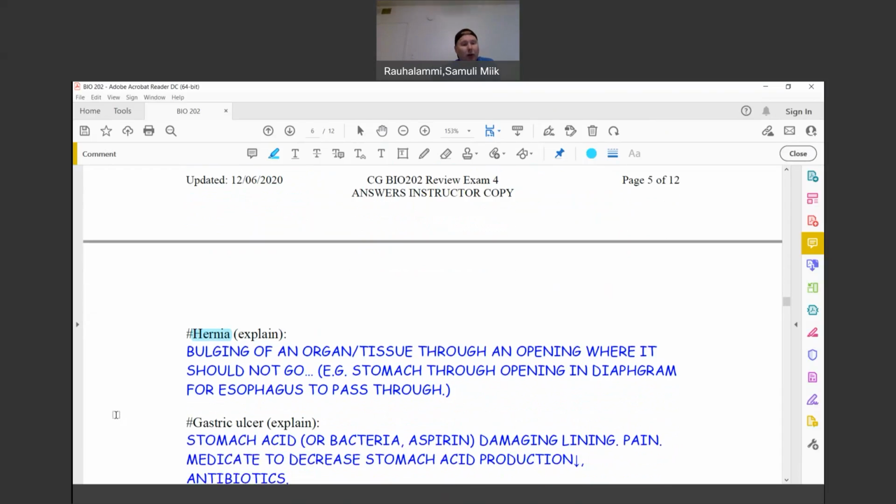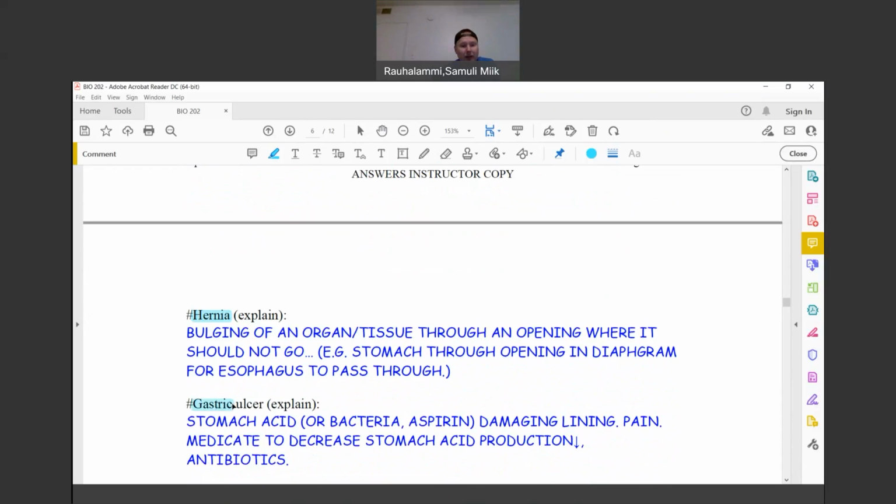The other one that I wanted to talk about is gastric ulcers. Remember, the stomach contains very acidic material, and to protect the stomach itself, so the acid within the stomach doesn't dissolve the stomach, we have a thick lining protecting it. If for some reason that lining gets damaged, now stomach acid gets to the lining, and this could be a problem.